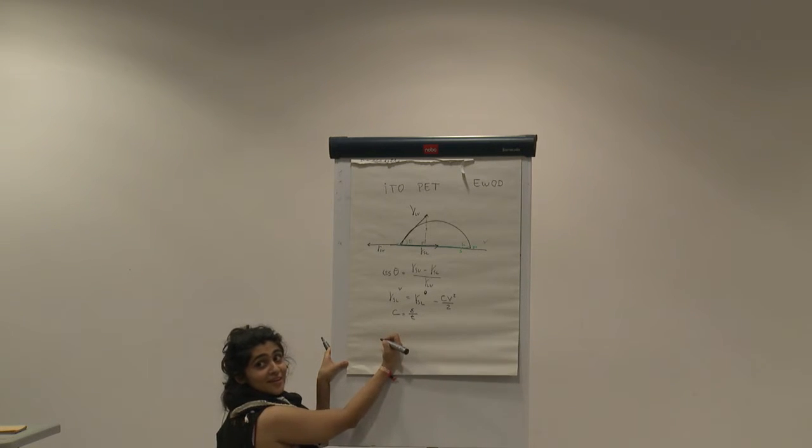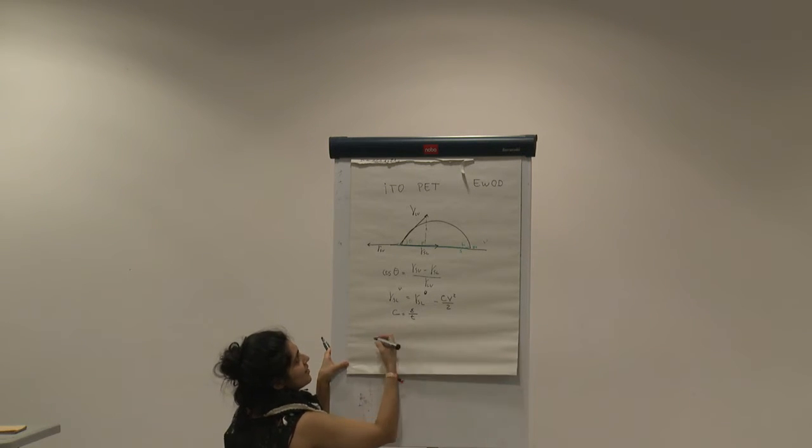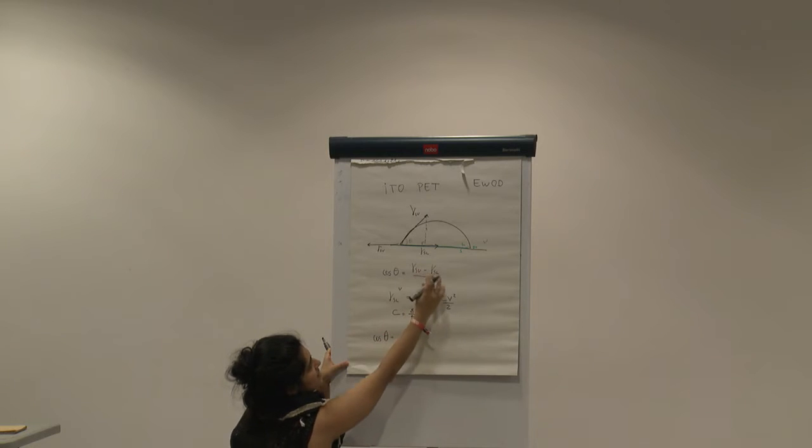Now, if I put all of them together, can everyone see down here? Okay. So I have cosine of theta equals, and then I start replacing.